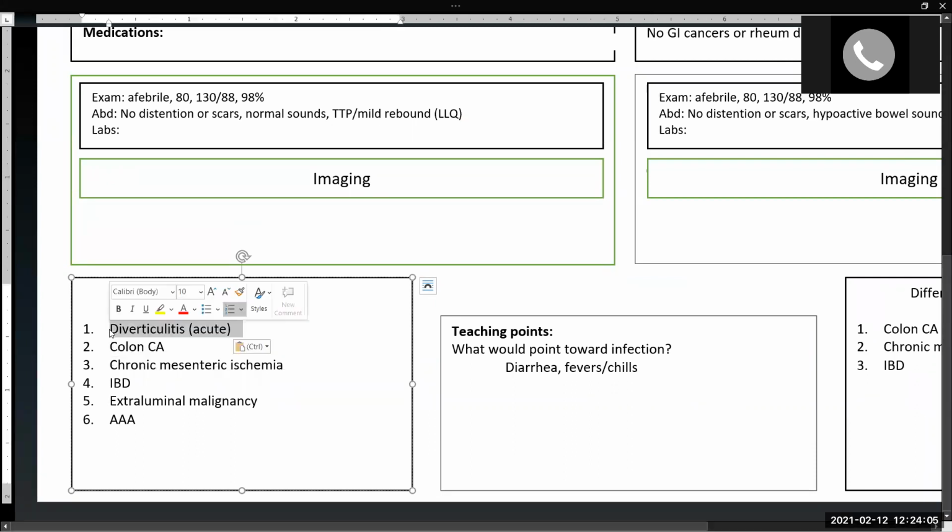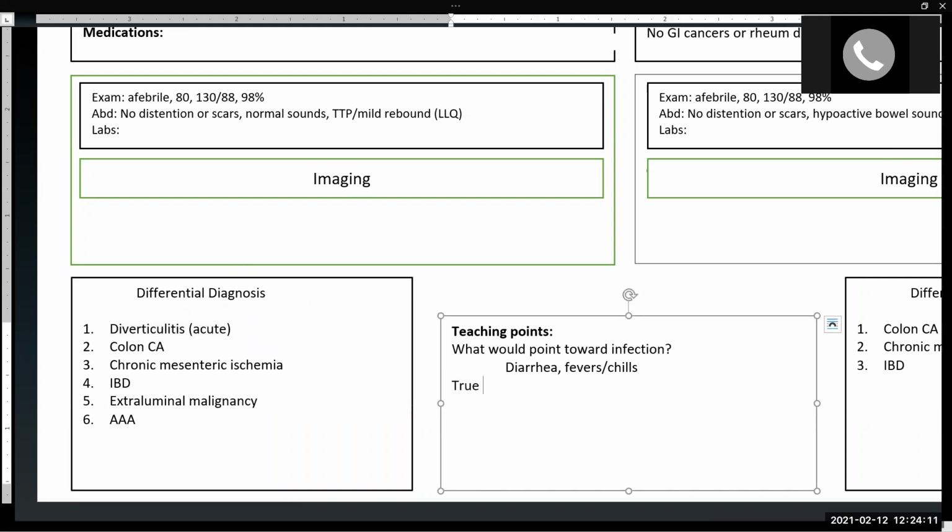Should we move it up top? Yeah, sure. Diverticulitis, because if there's true rebound, he's concerned for peritonitis, which is usually inflammation in the bowel wall now eroding into the peritoneum, your different fascias, and so we moved diverticulitis up.